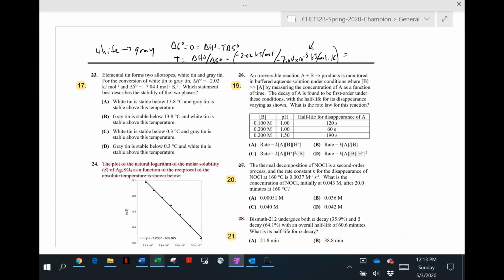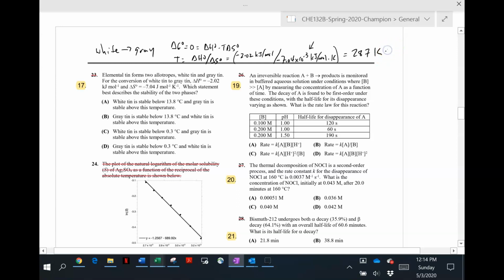So 2.02 divided by 7.04 times 10 to the negative 3 gives me 287 Kelvin, basically 286.93.